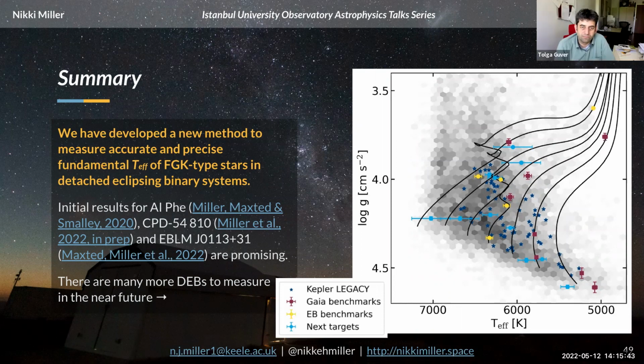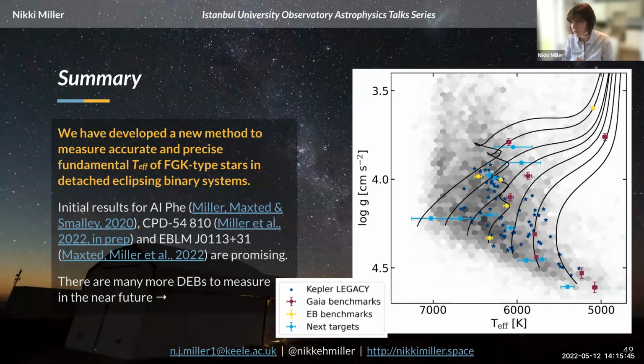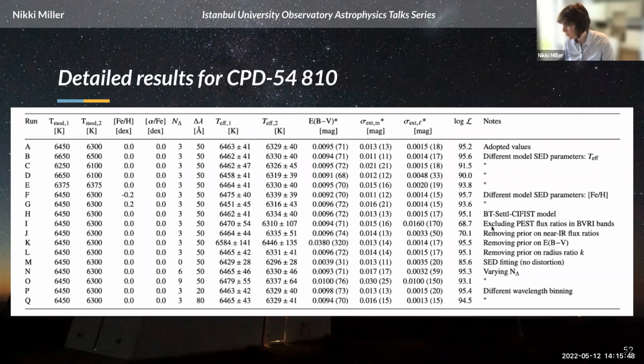They're both quite wide bands, but for CPD, if I get back to that table, without the PEST information, we do start to blow up the error in the temperature. So it is quite important to get those, but we don't need big fancy telescopes for this. The Perth Exoplanet Survey Telescope is just a single telescope in somebody's backyard. So it's very possible to get this information for the systems we're looking at, because we're not looking at anything too faint at the moment.